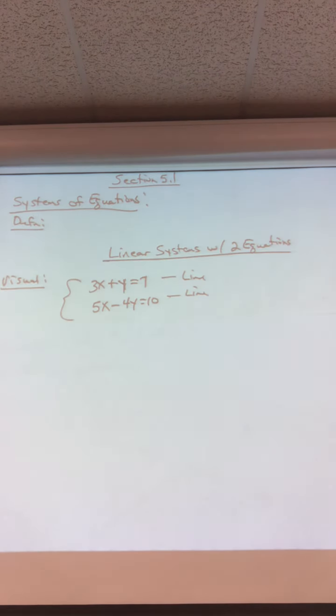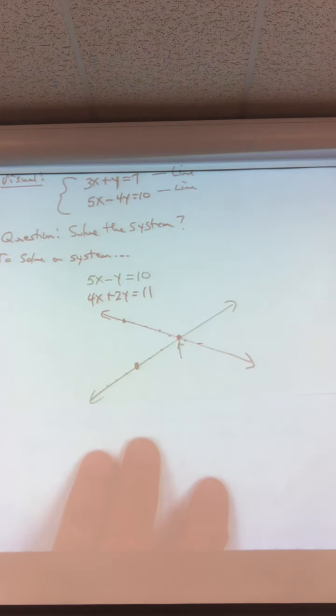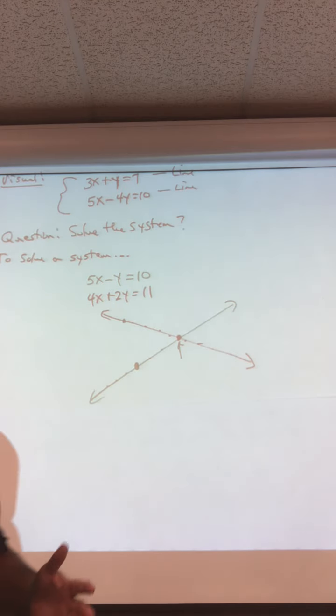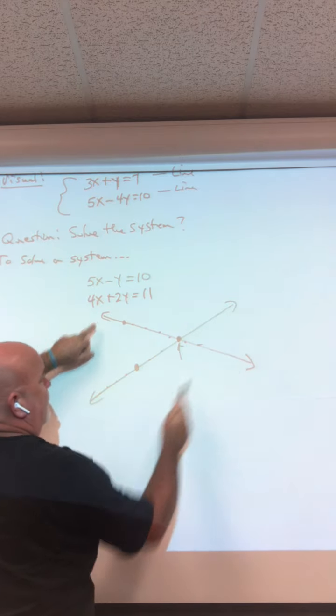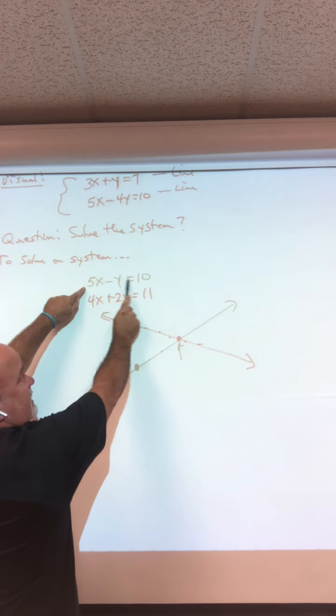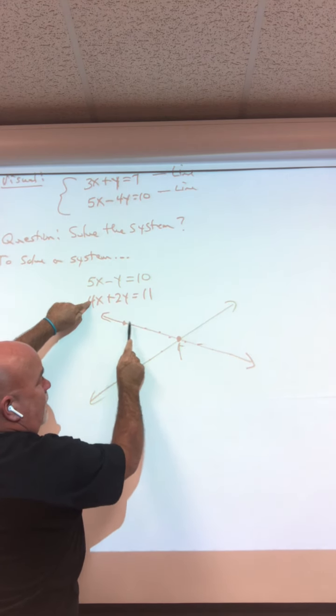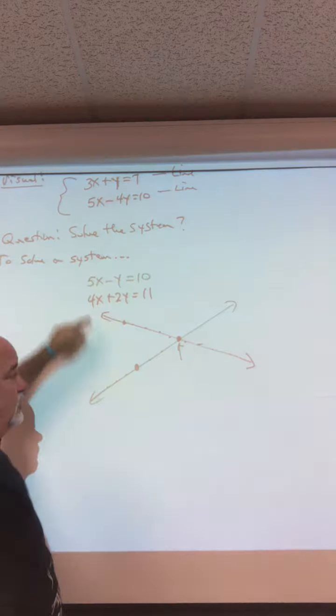Okay. Now, before we get to that, let me just show you one other picture right here. You don't have to write this down. I don't know if you can tell on the graph or not. This is green. This is black. So every point on this green line is an answer to this green equation. Every point on this black line is an answer to the black equation.